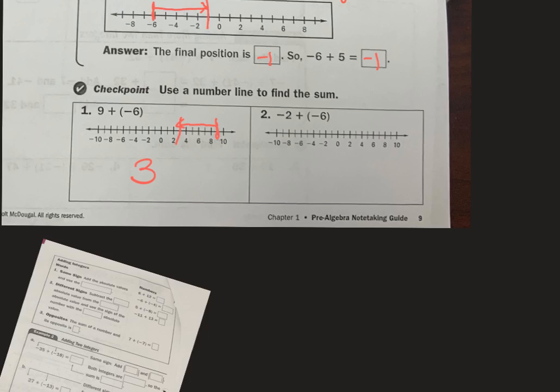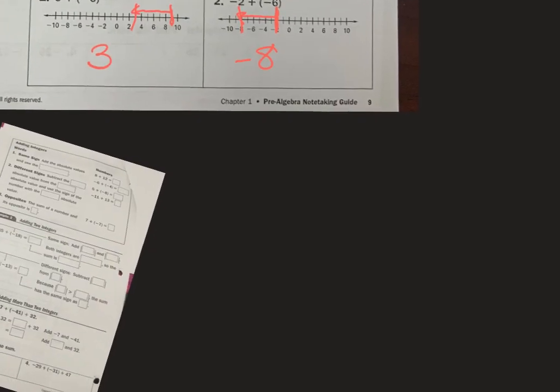Okay, Cody, no one else wants to do it. Where are you starting this time? You start at -2. You start with your first number. Good, and you end up where? -8. Awesome. Okay, turn the page.